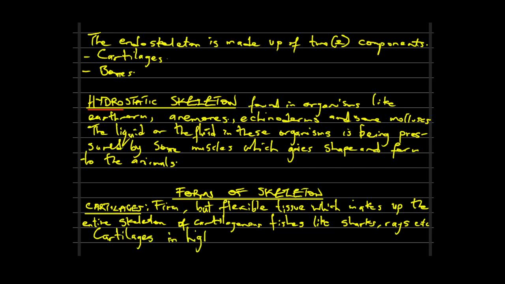The organic matrix is called chondrine. And this chondrine is embedded in a group of spherical living cells called chondroblasts.